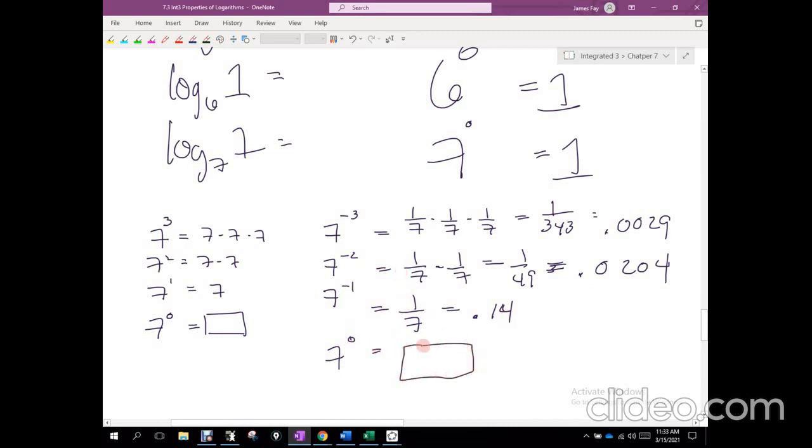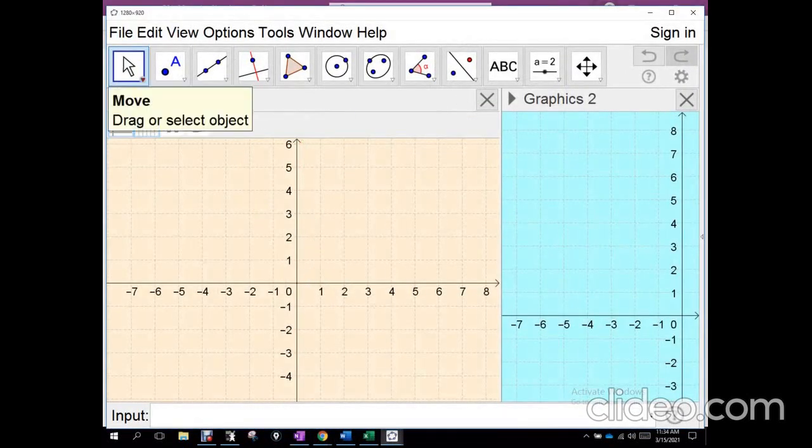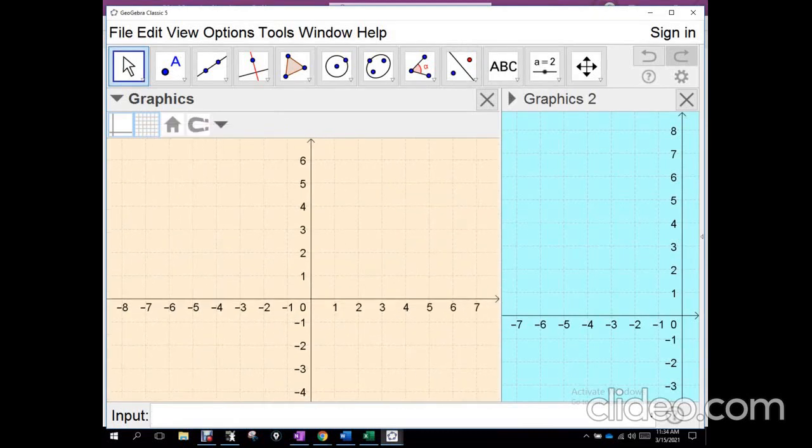What happens algebraically? Let's look at a graph of these. This is showing you when we have integer x values or exponents.